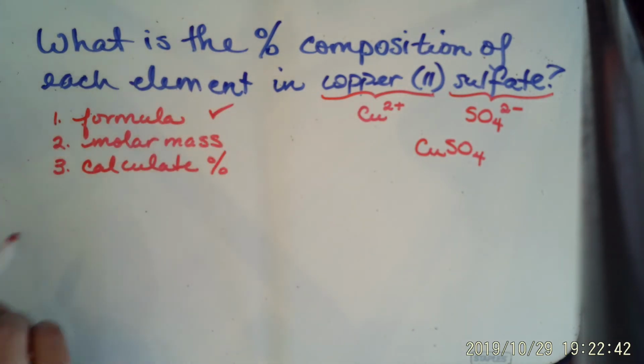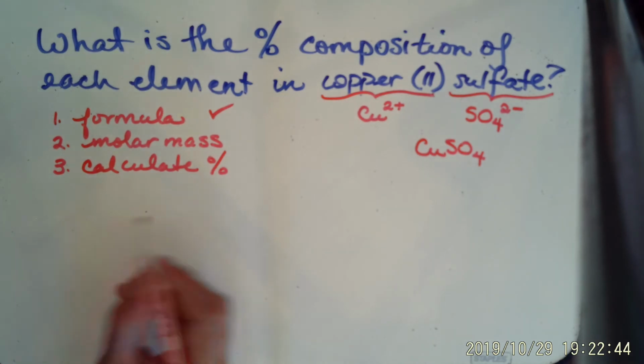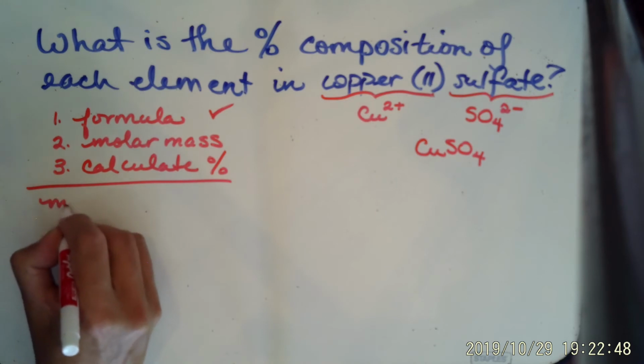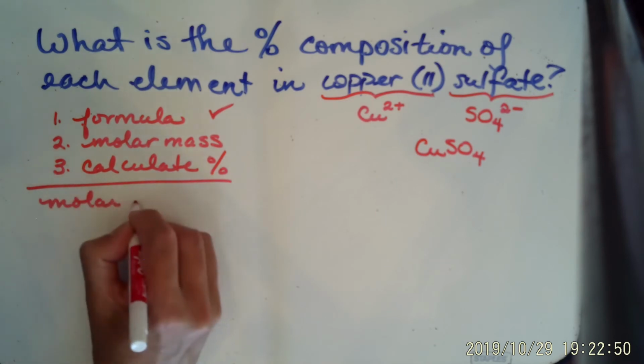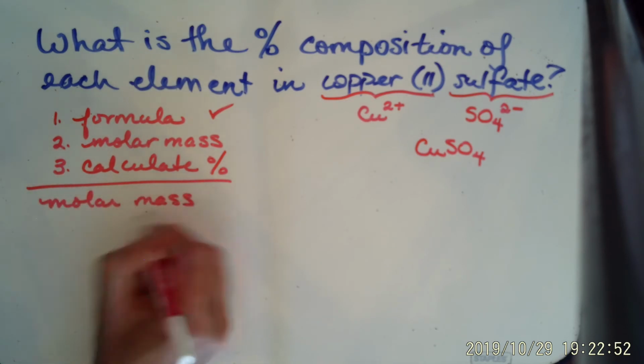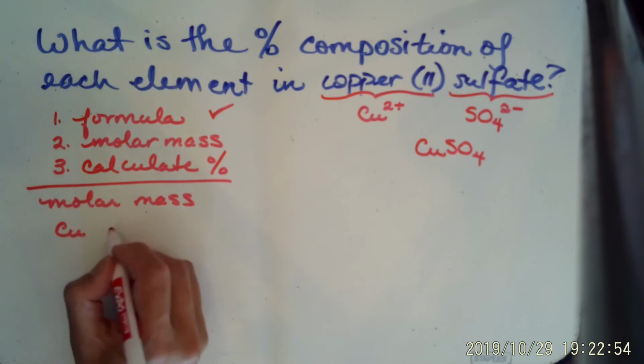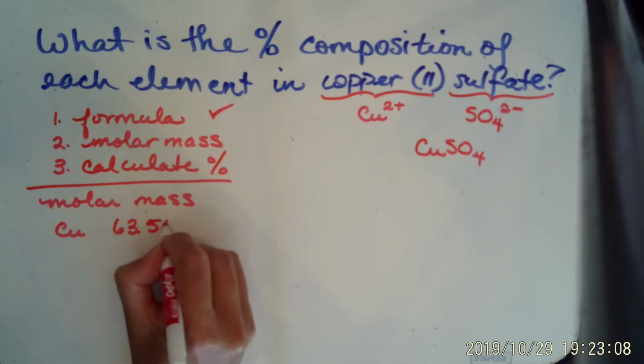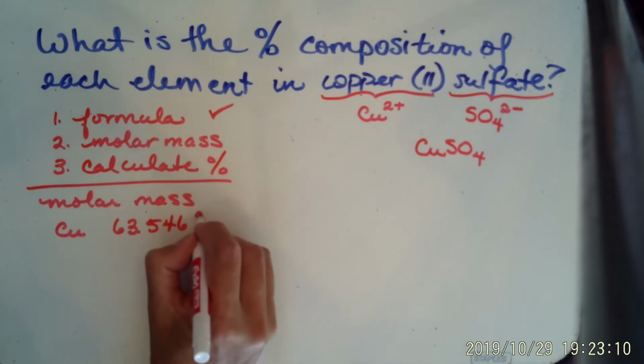Now, let's start looking at number 2, the molar masses. So, the molar mass of copper, let's go ahead and take a look at our periodic table. For copper, it's 63.546 grams per mole.